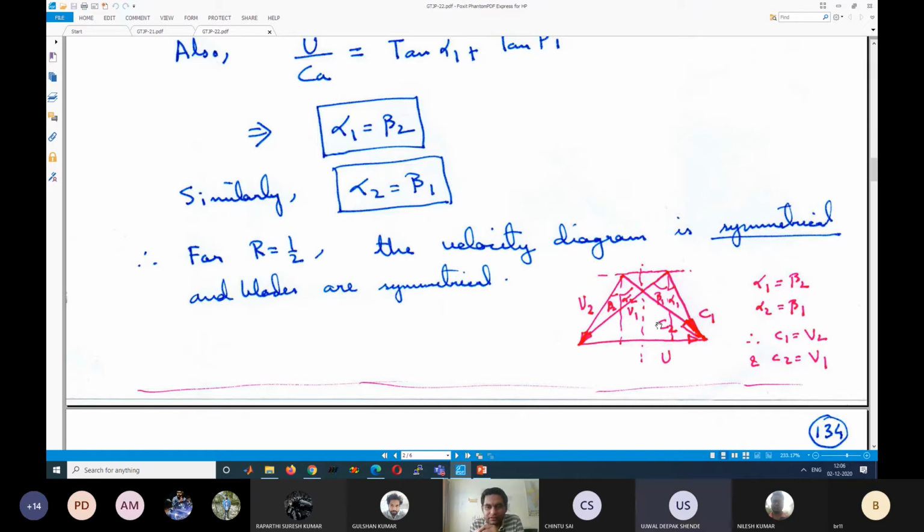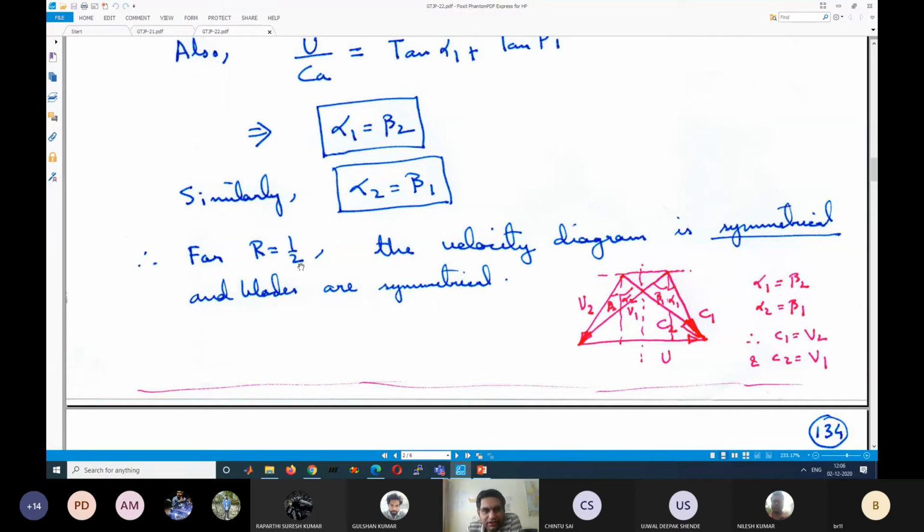V1 square minus V2 square. And we will see that because V1 is equal to C2 and V2 is equal to C1, V1 square minus V2 square is equal to C2 square minus C1 square. So it is actually the same. We can verify that we are getting the same diffusion in both the rotor and the stator.